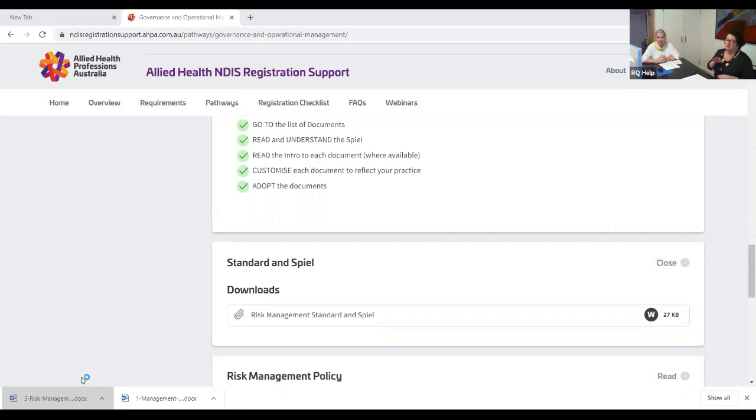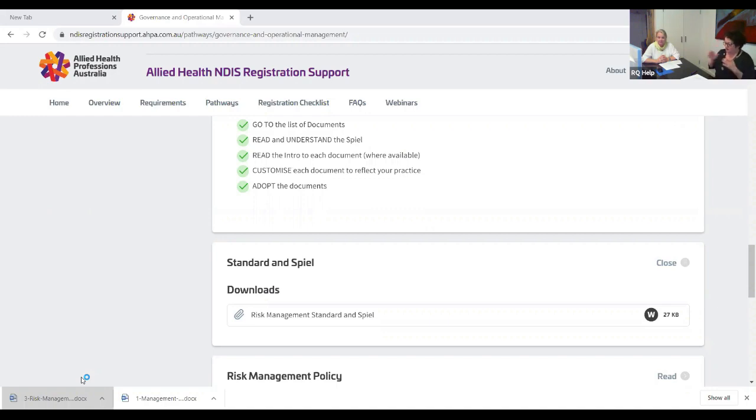And that they're analysed, prioritised and treated. Then there's an expected documented system that effectively manages identified risks and it's relevant and proportionate to the size and scale of the provider.